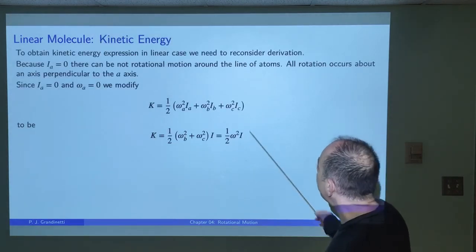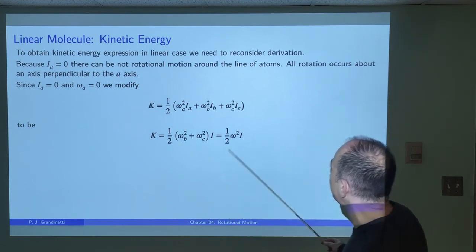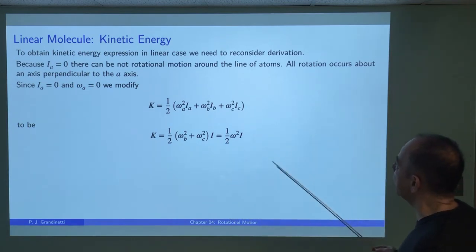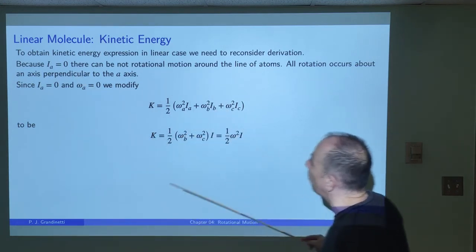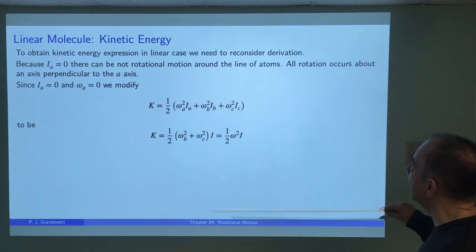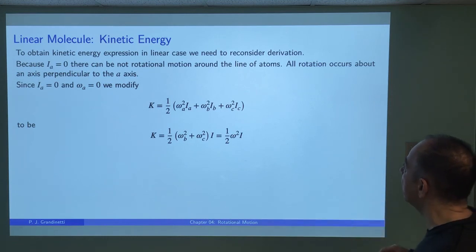And then finally, for the kinetic energy of this case, it's a little bit tricky. We have to be careful here. Because IA is equal to 0, there can be no rotational motion about the line of atoms, which is defined along the A axis.